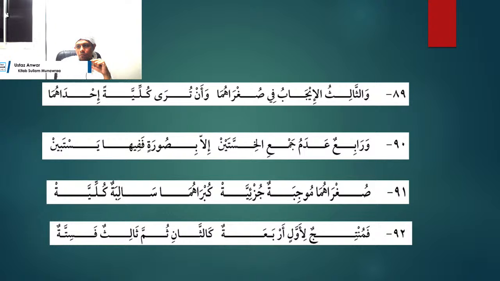And then he mentioned famuntijun li awwalin arba'a. The first shakal, the types that are muntij, they are 4. Kathani, likewise the second shakal. Summa salisun fasittatun. As for the third one, it is 6.